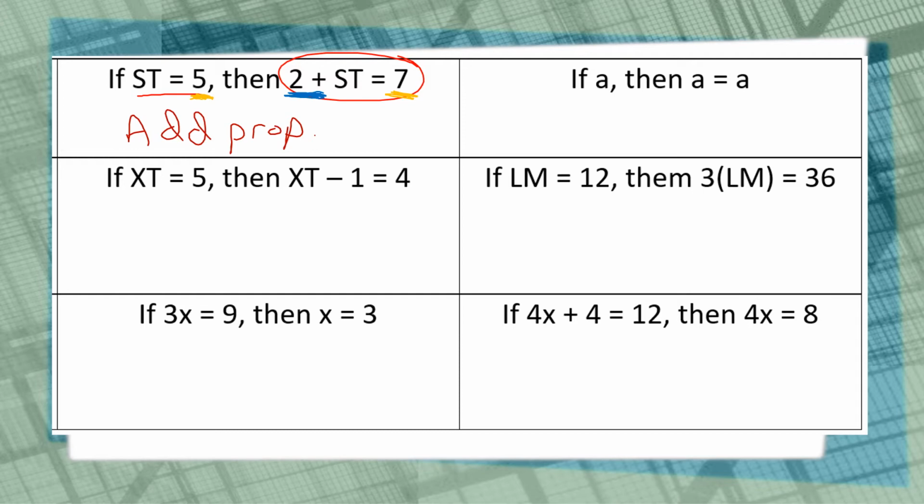All right, the top right: if you have A, then A equals A. This one looks really weird. You have a hypothesis, A, and a conclusion, A equals A. If I have something and I set it equal to itself, that's the reflexive property.